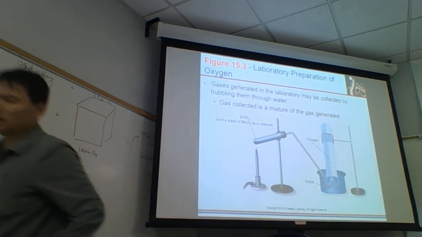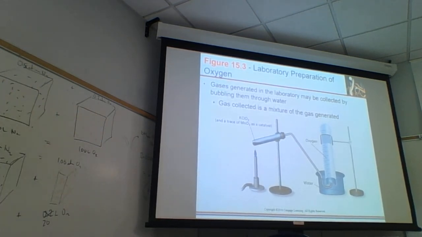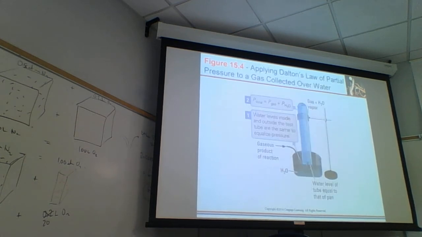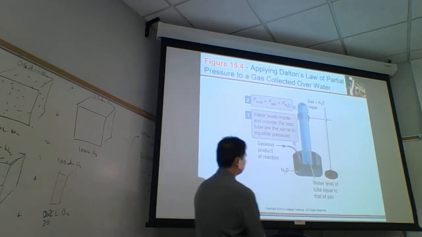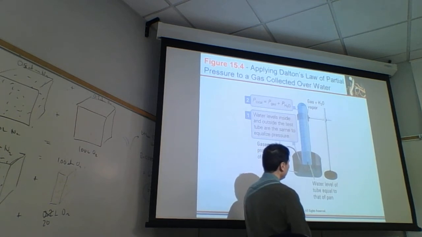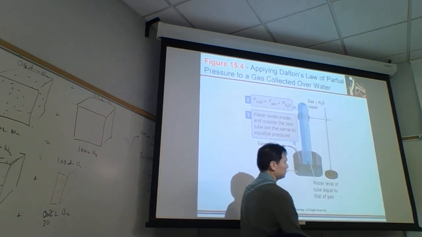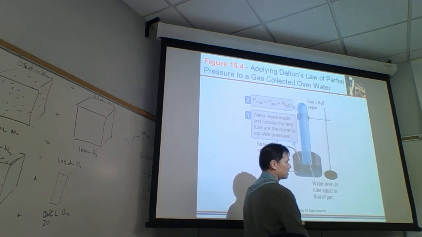So we need to talk about that. So whenever we collect the gas over water, that gas is going to be humidified. And if there's enough time and there's plenty of water, it's going to be 100% saturated.